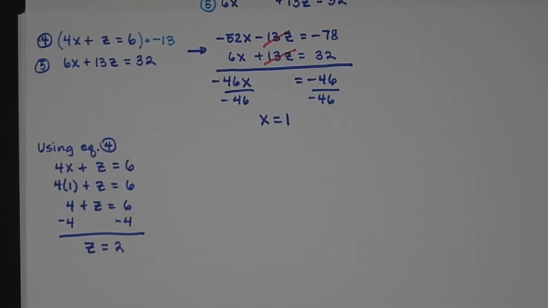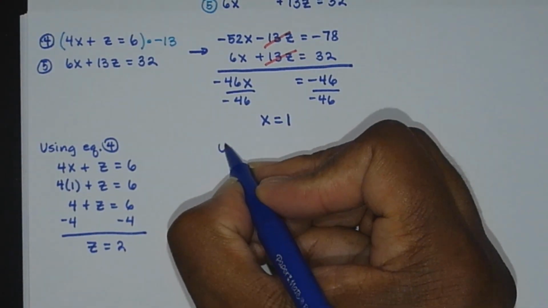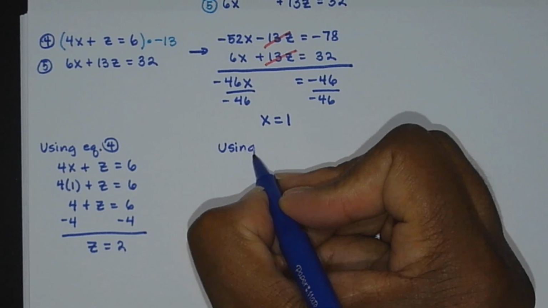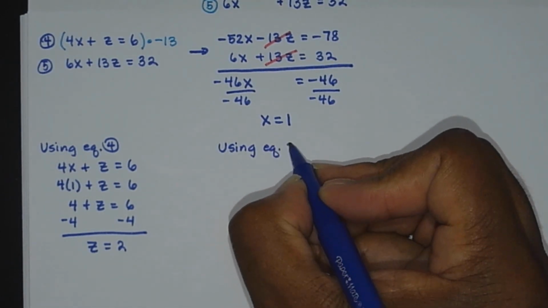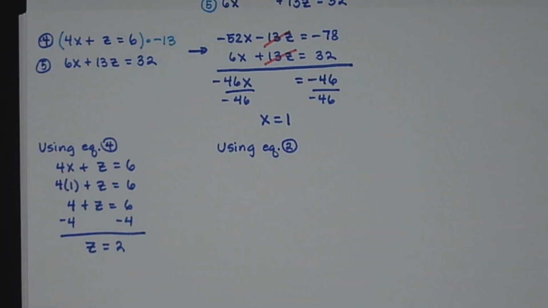So I go back to one of the 3 original equations and replace the x and the z to find out what y is. Now, I'm going to use equation 2, because notice that the y has a plus sign in it and it has a 1 coefficient.